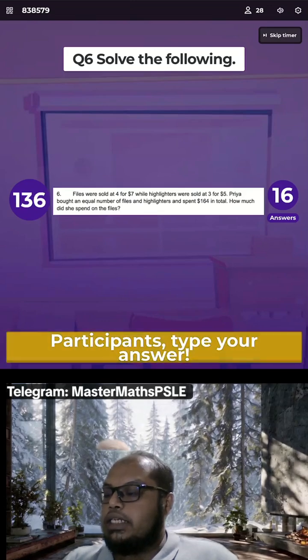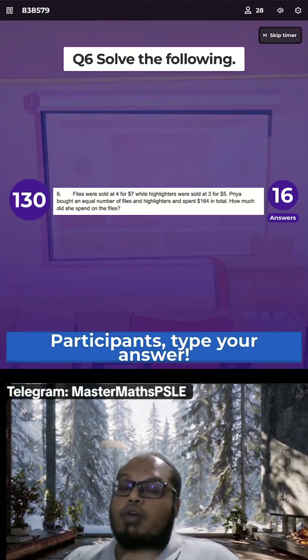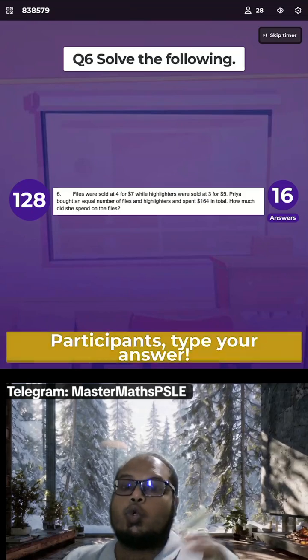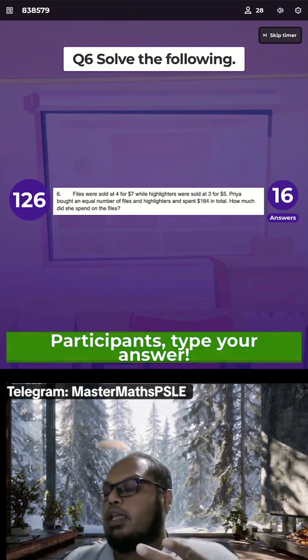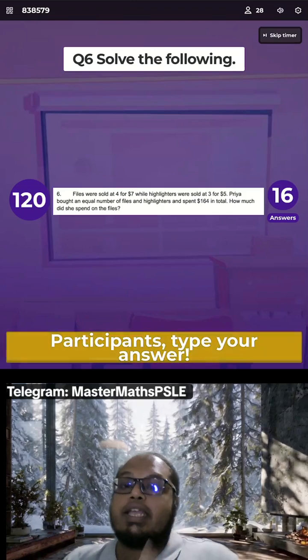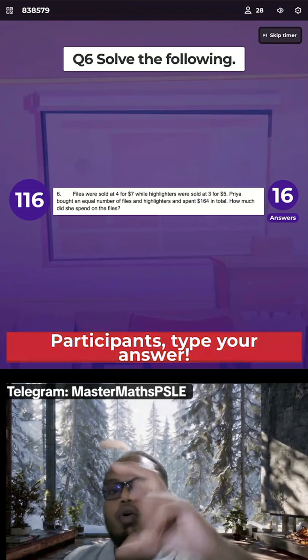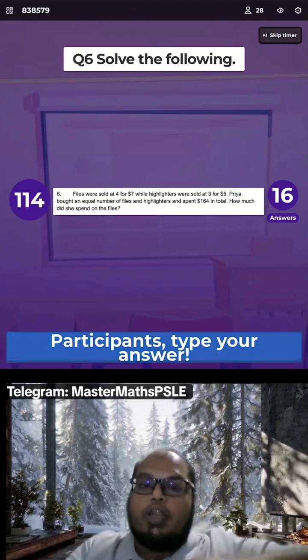The thing here is that you must remember that the files are sold at 4 for $7. So you cannot divide by 4 to find the cost of one file. It doesn't work that way because it is sold at sets of 4. So it's like 4, 4, 4, 4. You cannot open it up.